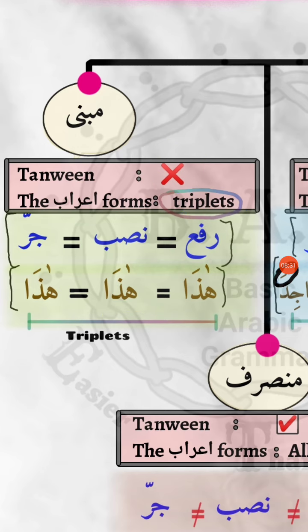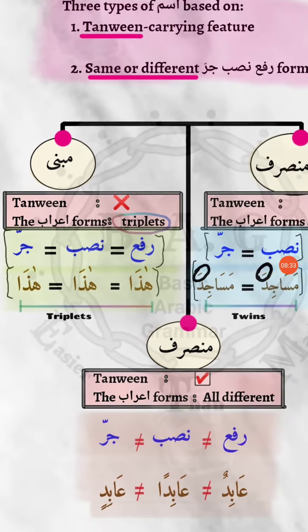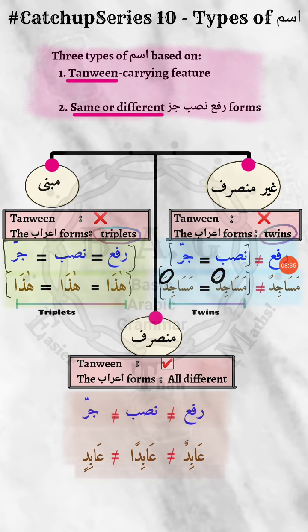Okay, so you see that's how the Arabs have categorized the asma into three types on the basis of these two characteristics: whether they have tanween on them or not, and if they do not have the tanween, are their rafa, nasab and jar forms similar or different?